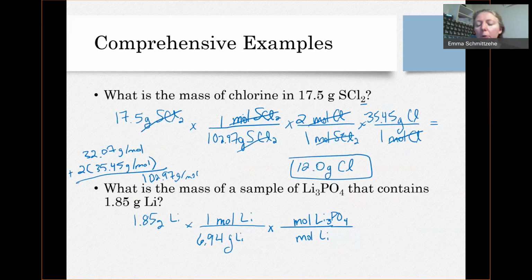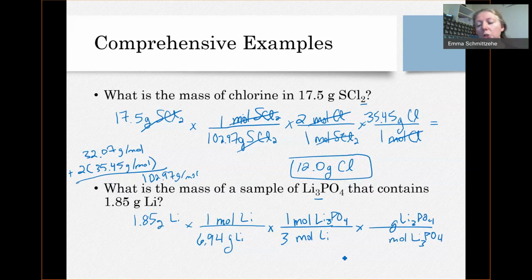So I would look at that chemical formula, and for every one of those, I have 3 lithiums because it has a subscript of 3. So that gives me my mole-to-mole ratio, okay, to break apart that compound or to recreate it. Okay. Now I would have moles of lithium phosphate, and I want the mass, so I'm going to calculate grams. So I'm going to get rid of moles of Li3PO4, and I'm going to go to grams of Li3PO4.